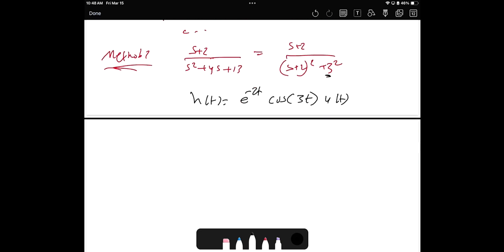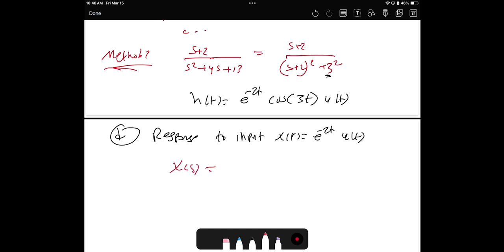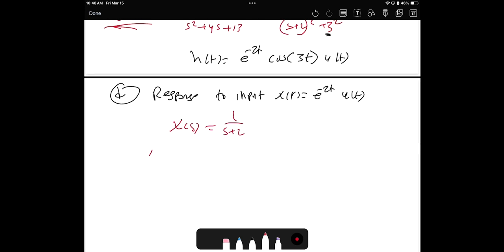Now, part D, find the response to the input x of t equals e to the negative 2t u of t. When the input is like this, what should I do? How can I find the response, y of t? So basically, let's find x of s first. X of s will be 1 over s plus 2. Then y of s will be x of s times h of s.